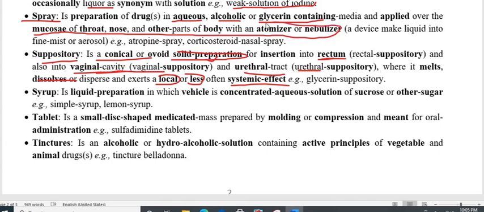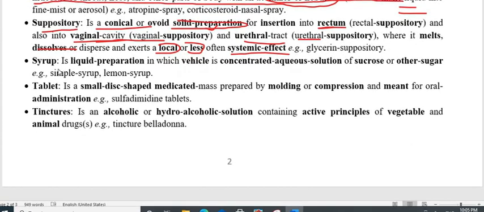These two are devices that throw the liquid into the throat or nose or other body part. Atropine spray is an example, and corticosteroid nasal spray is an example. Suppository we already discussed.